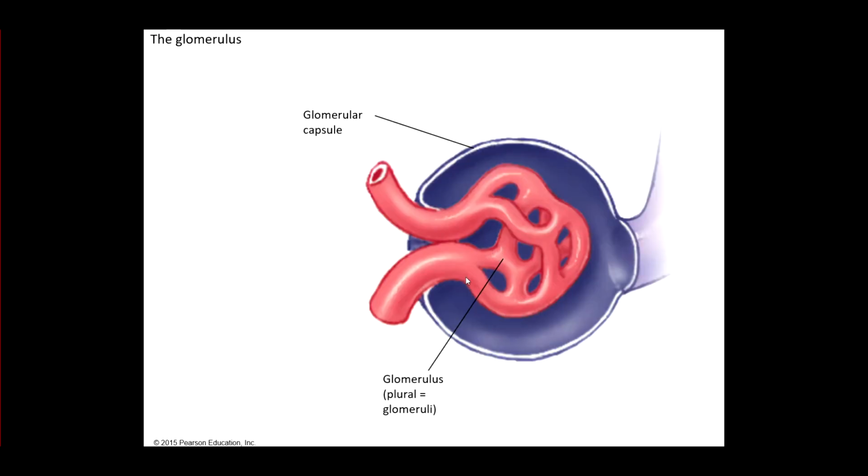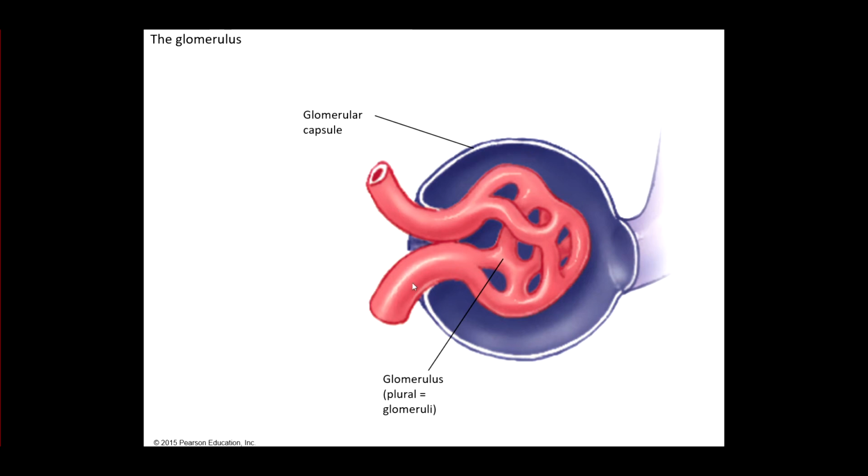We also had done in a previous lesson that the glomerulus is fed by an arteriole here known as the afferent arteriole. That brings the blood into the glomerulus, and then the blood leaves via the efferent. I also had mentioned in previous lessons that you want to pay attention that the afferent arteriole is always going to be a wider diameter than the efferent arteriole, right? So this is going to be wider than this.